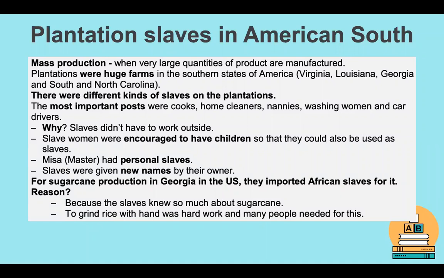Slaves didn't have to work outside, so not all slaves worked physically on the plantation itself. So slave women were encouraged to have children so they could also be used as slaves. So remember, at the end of the day, and I'm sure this has been addressed in your class as well, you need to address the inhumanity of what's being dealt with here.